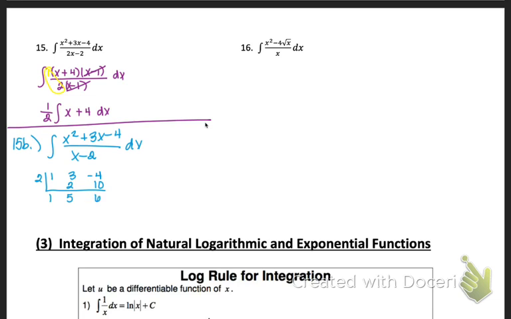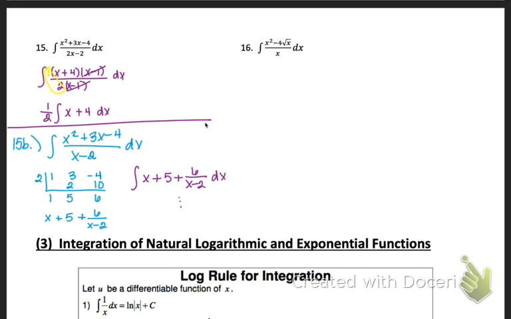So that means that what I get when I divide, you go 1 degree lower. So I started with x squared, and I'm going to start now with a first power: x plus 5 plus 6 over x minus 2. So now we can use that as our integral. The integral of x plus 5 plus 6 over x minus 2 dx, and you can go from there.